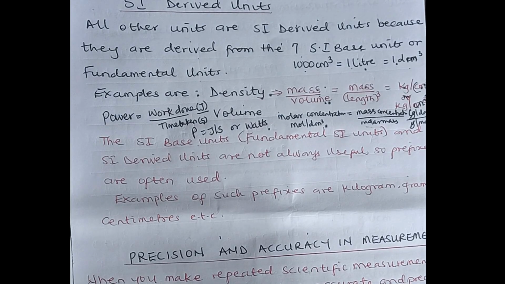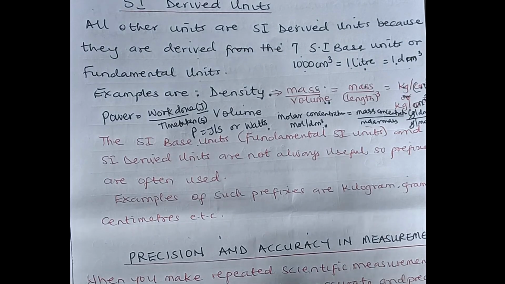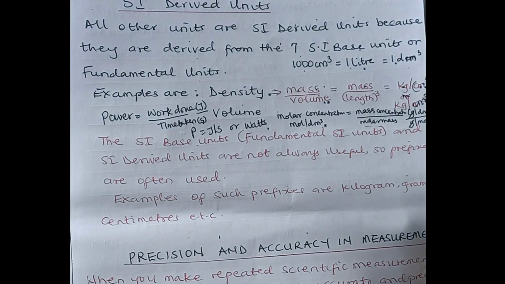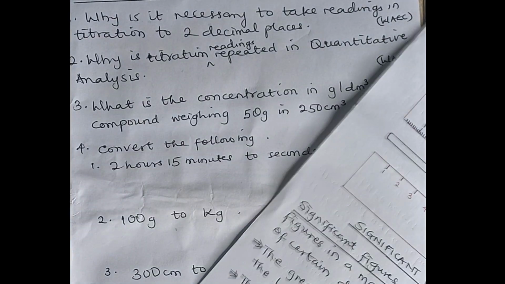So when the values you get are in concordance, with a difference of just 0.1, 0.2, you will be sure that your readings are correct, and you can find their average to get the precise value.